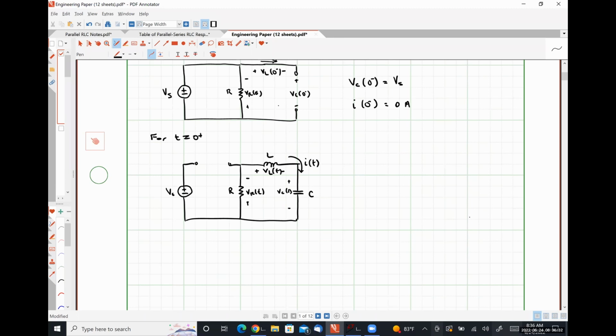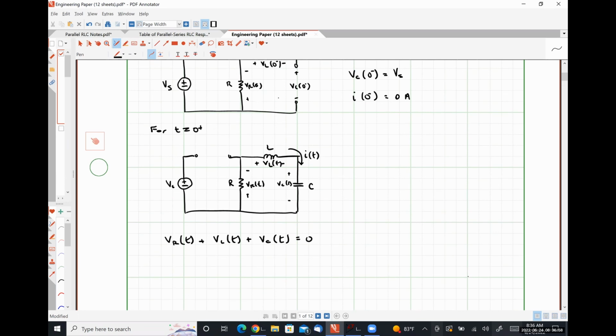So if we apply Kirchhoff's voltage law around our loop containing the resistor, inductor, and capacitor in series, what we will find is that VR of t plus VL of t plus VC of t is equal to 0.